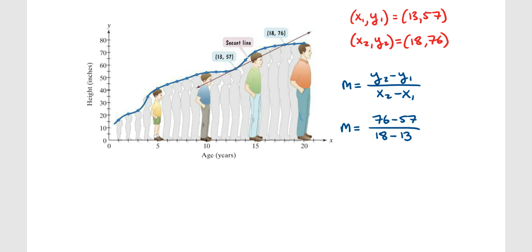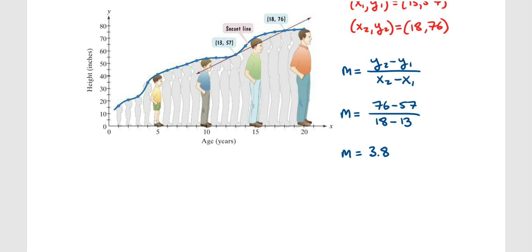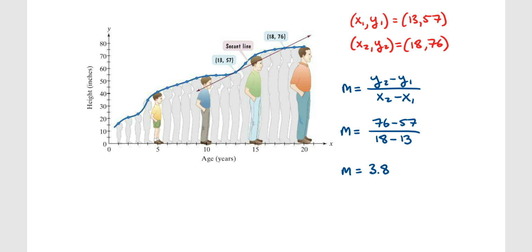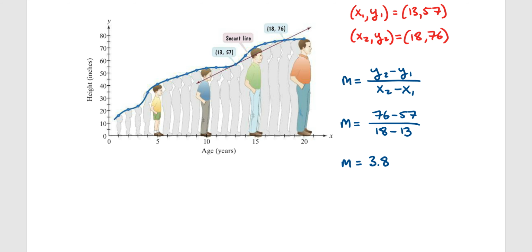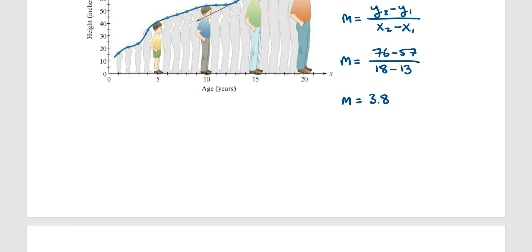So we get m is (76 minus 57) divided by (18 minus 13), and we end up getting 3.8 for this slope. Let's think about what this means. It's 3.8 units of y per unit of x, so it's 3.8 inches per year.